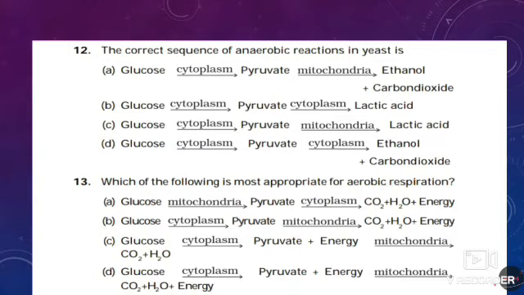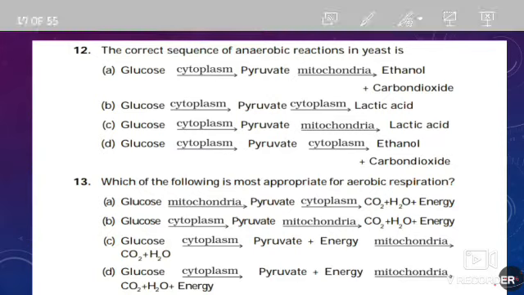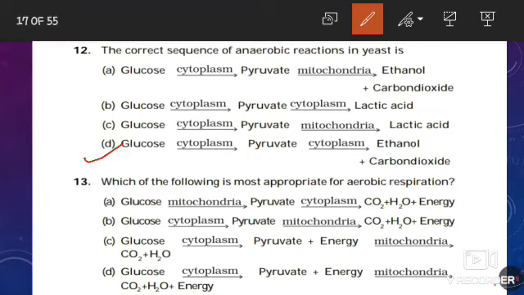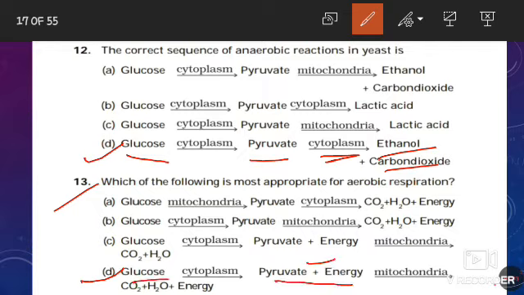So the answer of question number 12 is D, that is glucose converted into pyruvate and pyruvate converted into ethanol plus CO2. Now the answer of question number 13 is also D. As you can see in that flow chart, glucose converted into pyruvate plus energy and then finally in mitochondria it converted into CO2, H2O and energy.